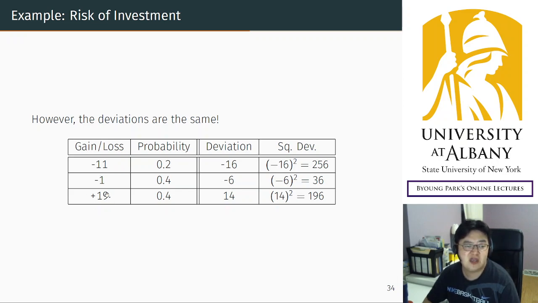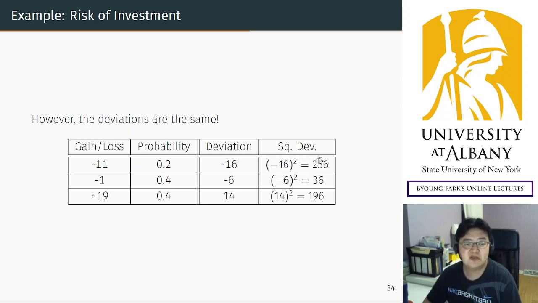And if you gain $19, it's $14 above the expectation. So the deviations are easily obtained by subtracting the mean $5 from those three outcomes. In this process, I do not use the probability at all. Probability does not enter at all.